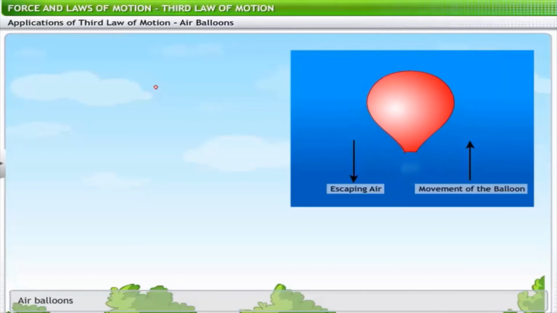Here, the escaping of air can be regarded as the action. The motion of the balloon in the opposite direction is the reaction. Thus, the reactive force of the escaping air keeps the balloon afloat in the air till the air in the balloon is exhausted.